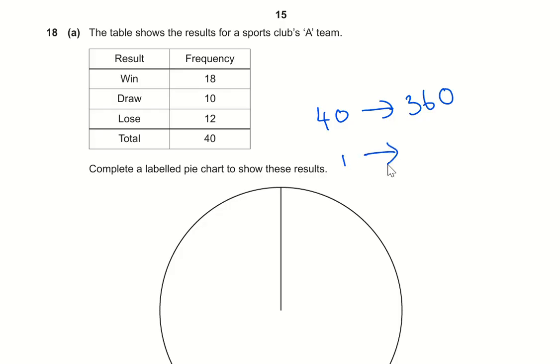For one, 360 divided by 40, you will get, cancel the 0s, and 36 divided by 4 is 9. Okay, so 9 degrees for 1. So here for win, 18. So how many degrees do I need for win? I need 18 times 9 equals. So you can use a calculator.